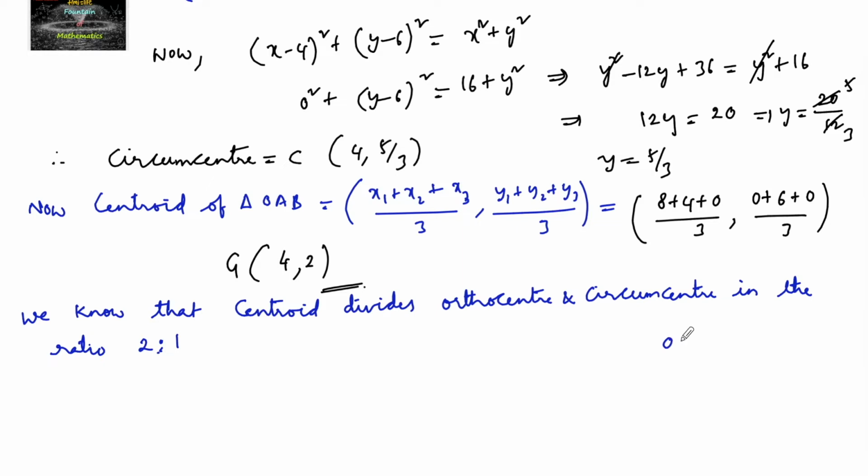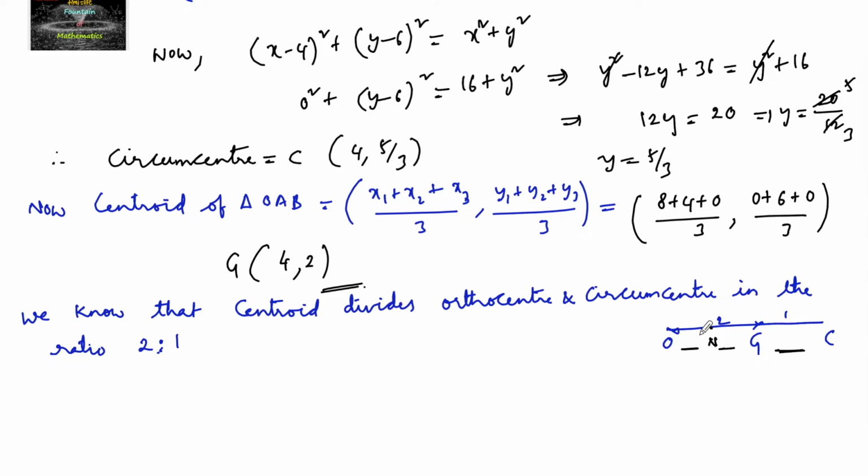So if O is orthocenter, G is the centroid, and C is the circumcenter, centroid is dividing the orthocenter and circumcenter in 2:1 ratio. Or you can just remember, for shortcut, O-G-C. So O to G, here two parts are there, so 2, and G to C, it's one part. So 2:1 ratio, you can remember.